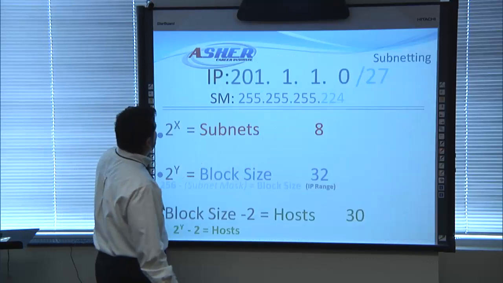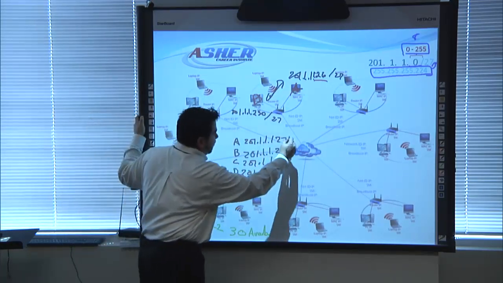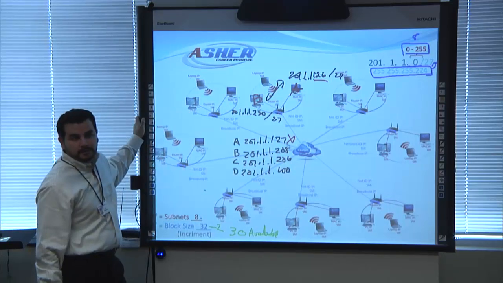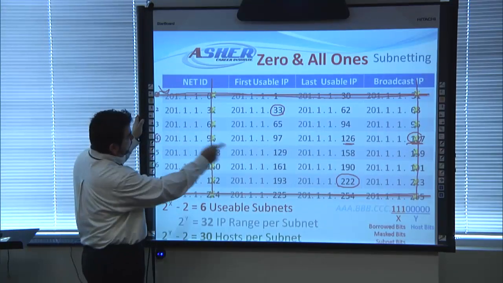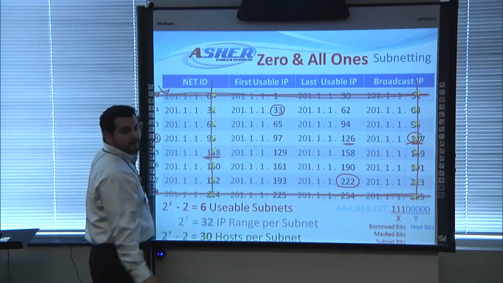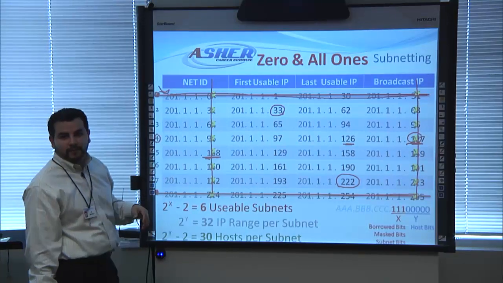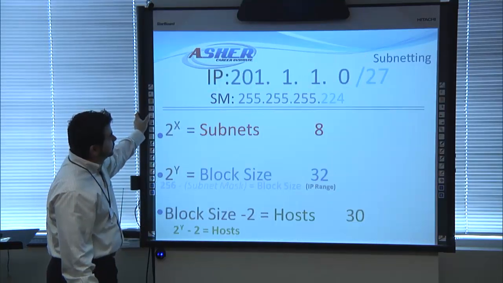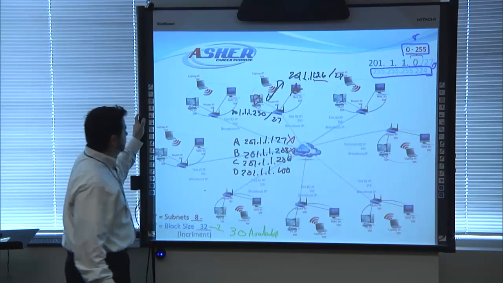So, can it talk to 208? So we know that's not the right answer. Is 208 the right answer? It's not even the same range. It's in a totally different range, plus it's the ID of the other range, so that wouldn't even work. Then would 206 be the answer?